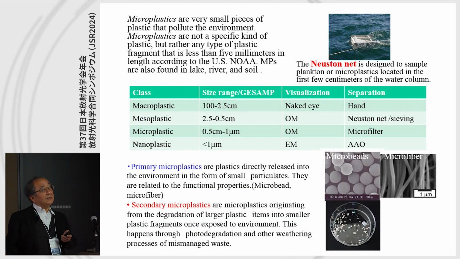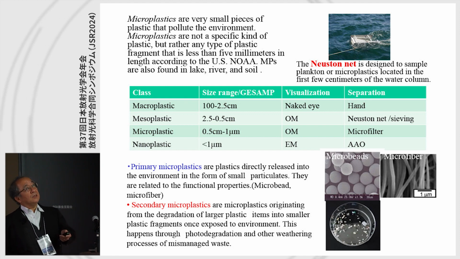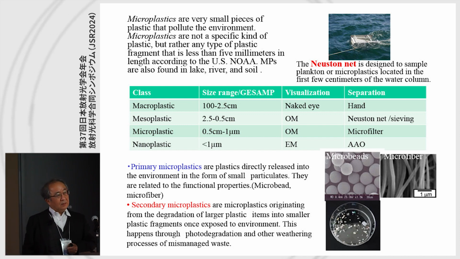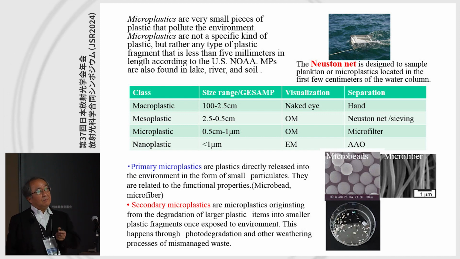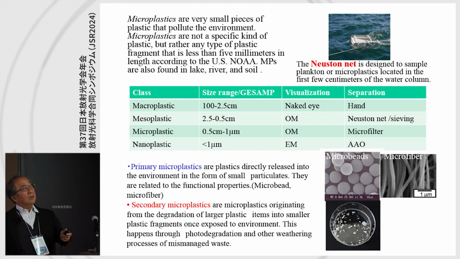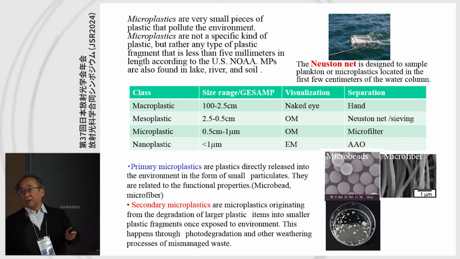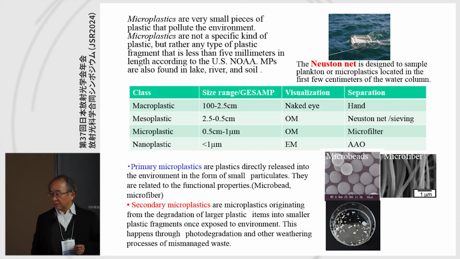The size of environmental microplastics is 5 millimeters to 1 micrometer, and they can be observed by optical microscope and collected by a microfilter. So how can we collect microplastics from the ocean? We use a Neuston net, which is called a plankton net.